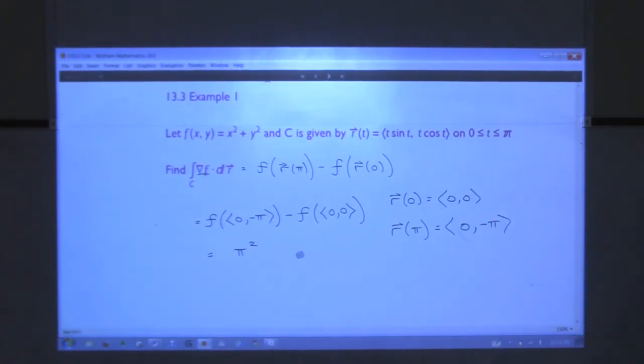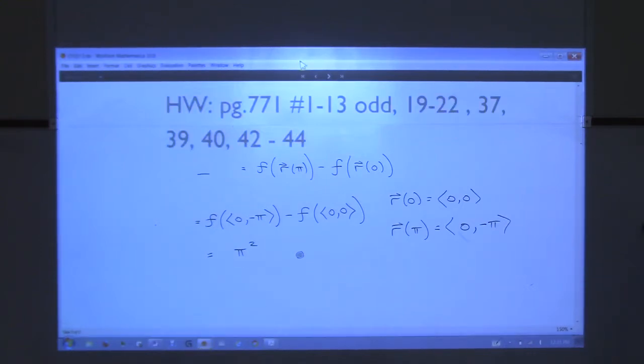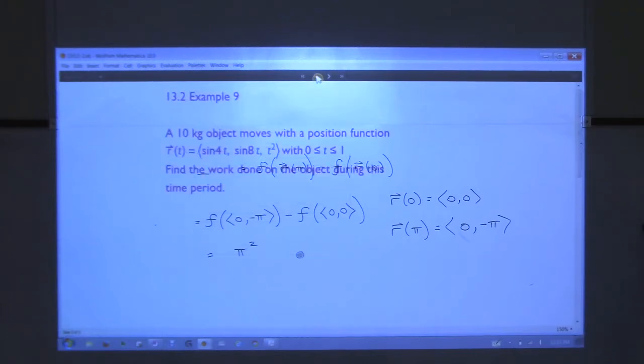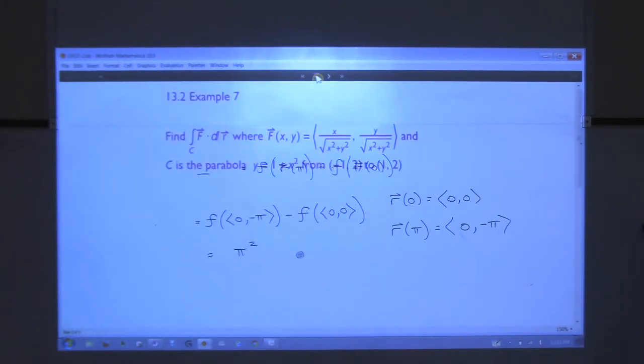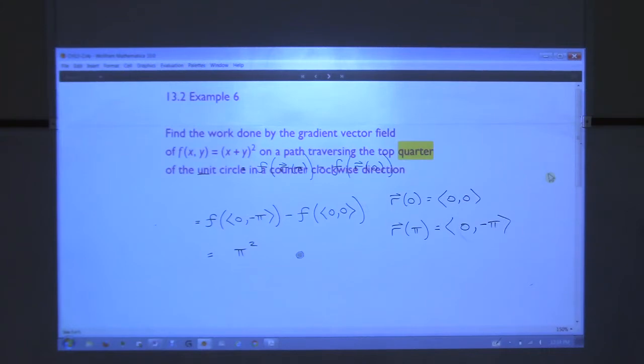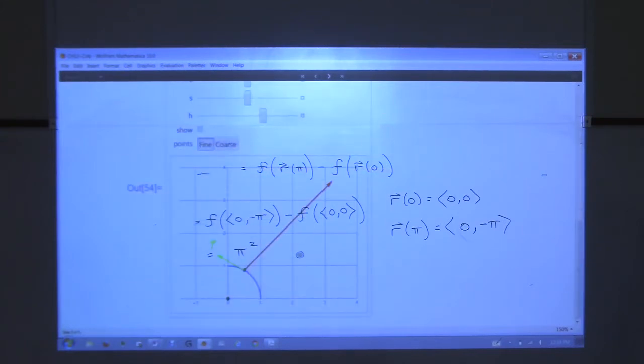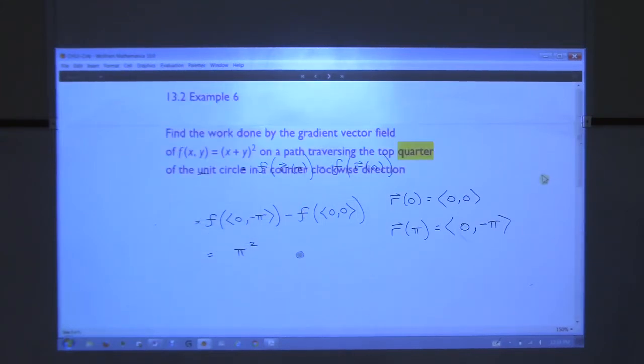Yes? Would we use this in 13.2 example 6? In 13.2 example 6, I don't know, I don't remember it. Could we have used this one? Well, we were asked for the work.